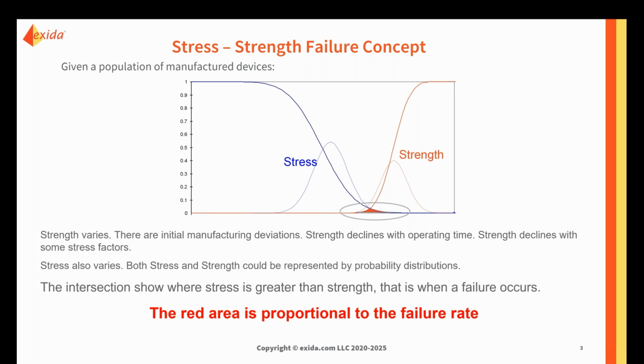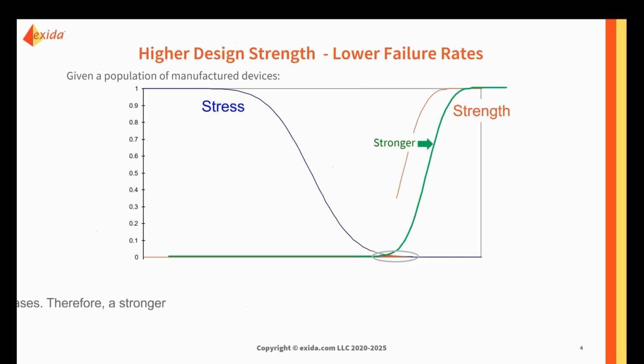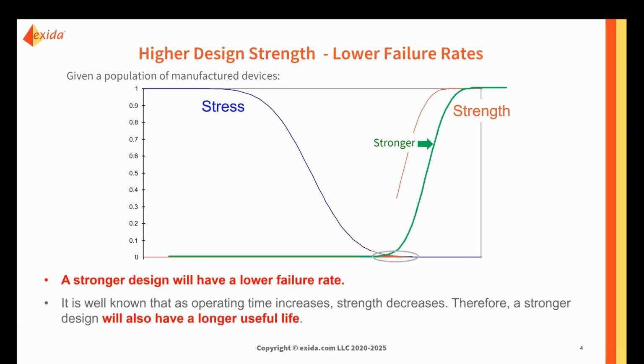We can't get into the details of this, and we have a whole webinar on that subject, so look it up if you want to go further. That red area represents the failure rate. So what happens if we increase the strength of a component? We increase design strength. The bottom line is, as you can see graphically, look at that green line. A stronger design will have a lower failure rate.